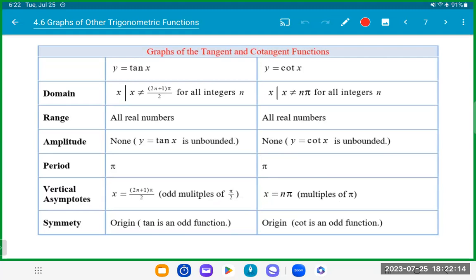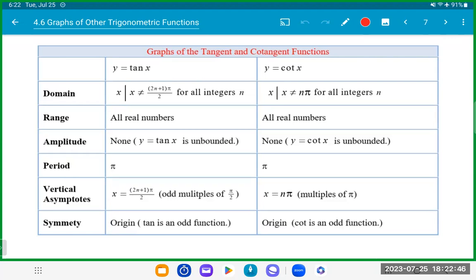When you look at our domain here, right? For our tangent, x cannot equal any odd multiple of pi over 2, just as with our cotangent, x can't be any multiple of pi. The range is all real numbers, so it goes from negative infinity up to positive infinity for our y values.